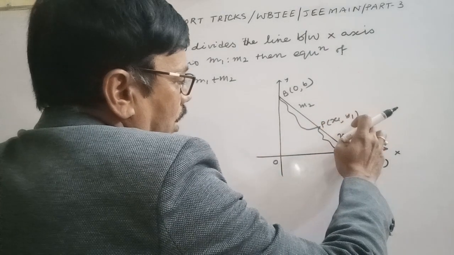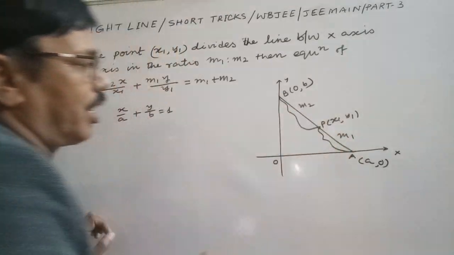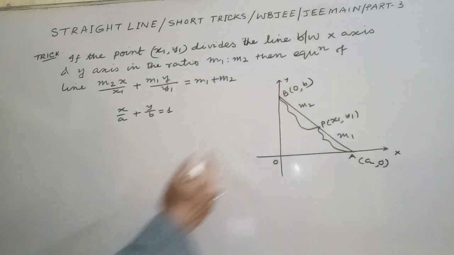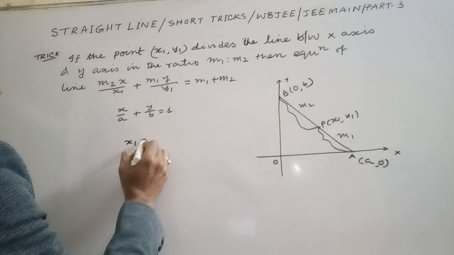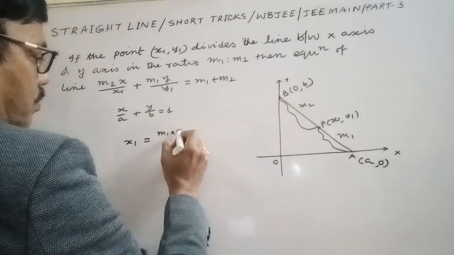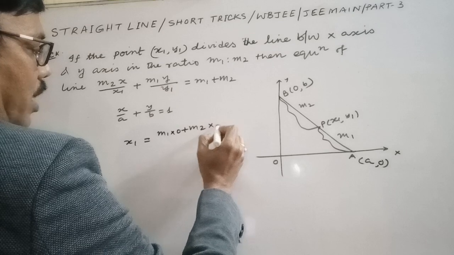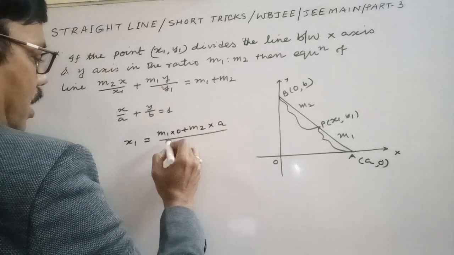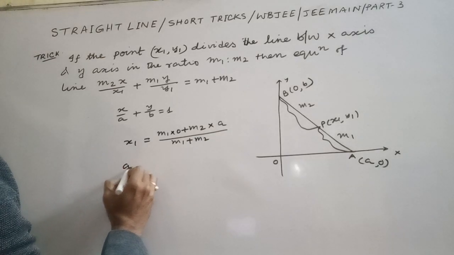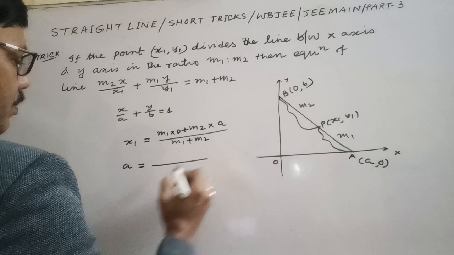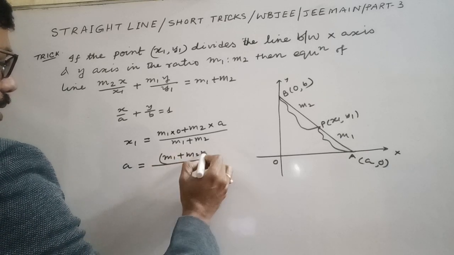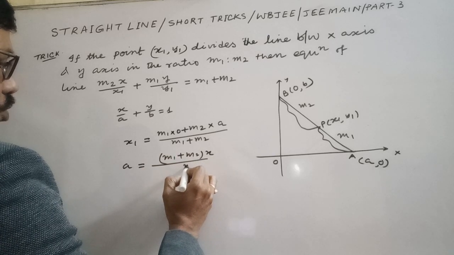Now P(x1, y1) divides AB in the ratio m1 is to m2. So by section formula we get x1 equals m1 into 0 plus m2 into a by m1 plus m2. So what is a? a equals m1 plus m2 into x1 by m2.